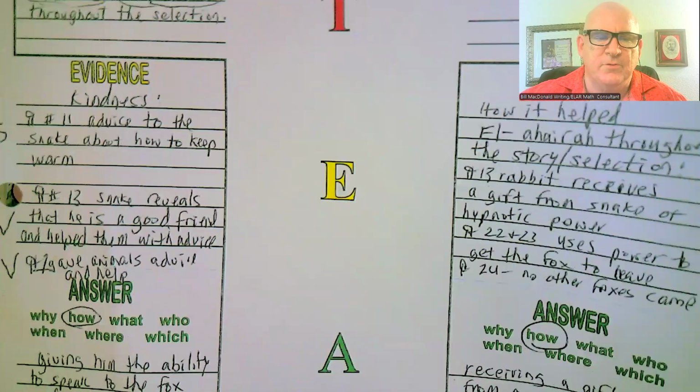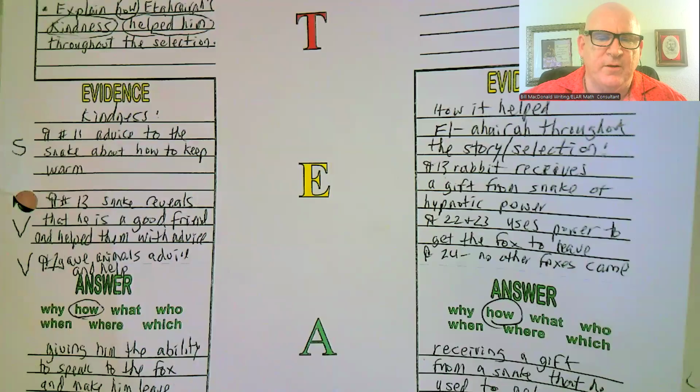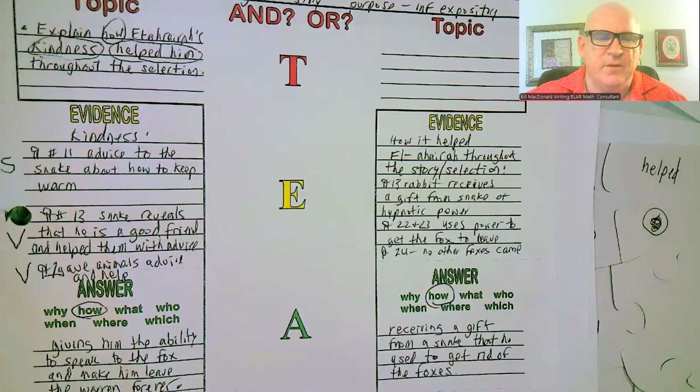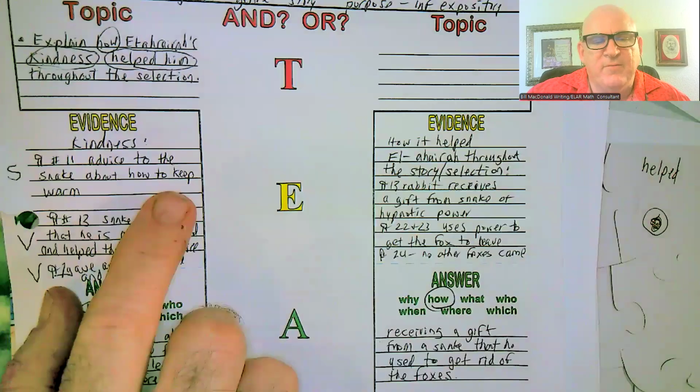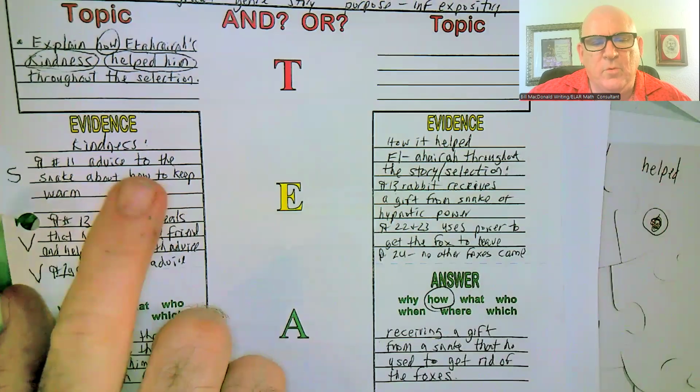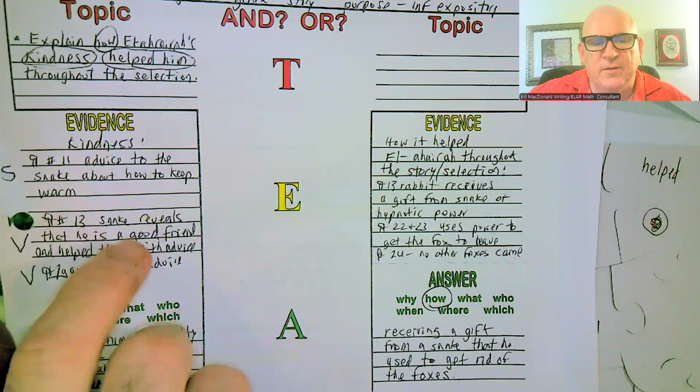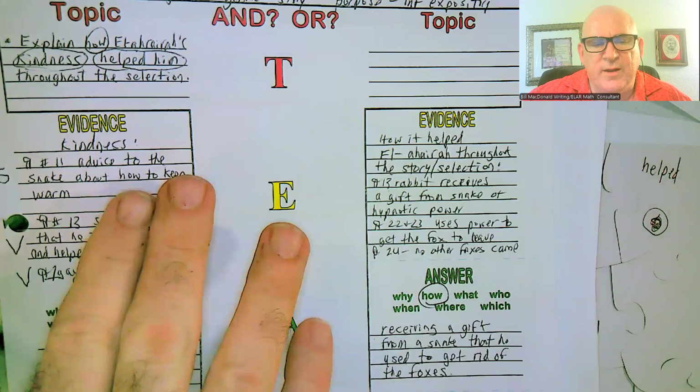Okay, so there we have the paragraphs and the specific ones that we chose. He gave advice to the snake about how to keep warm. There were other things. That was his kindness if the students want to add that. Okay.